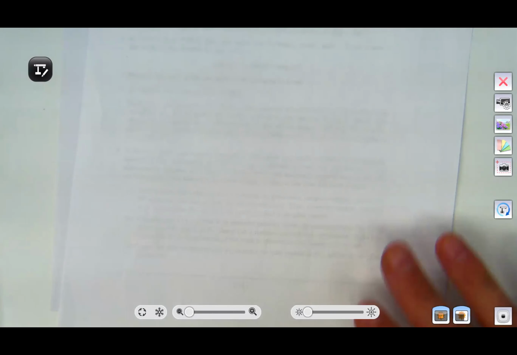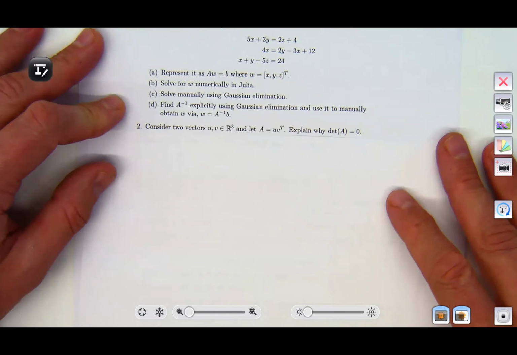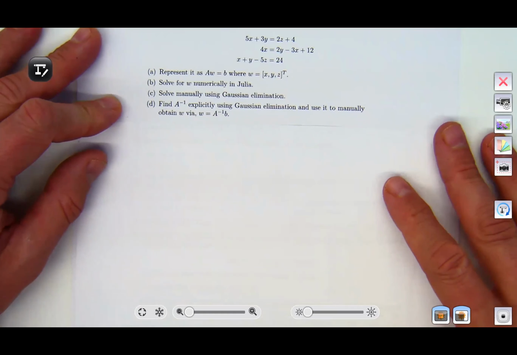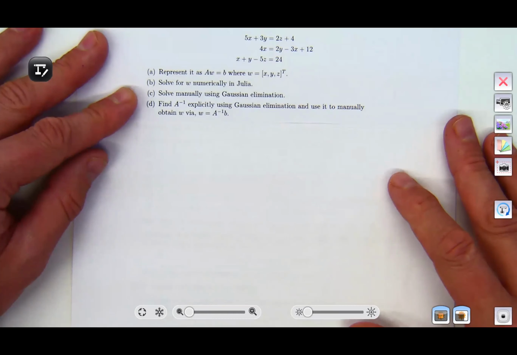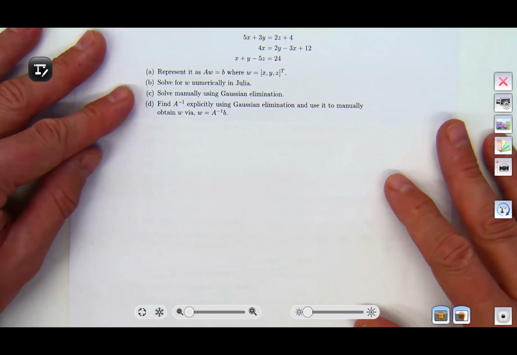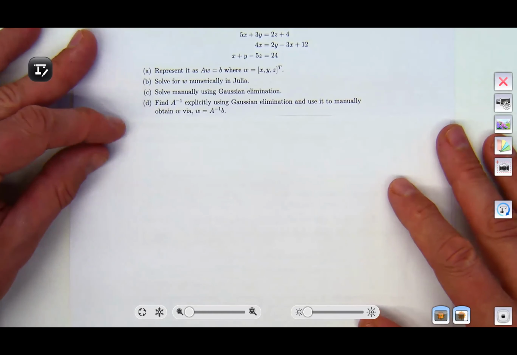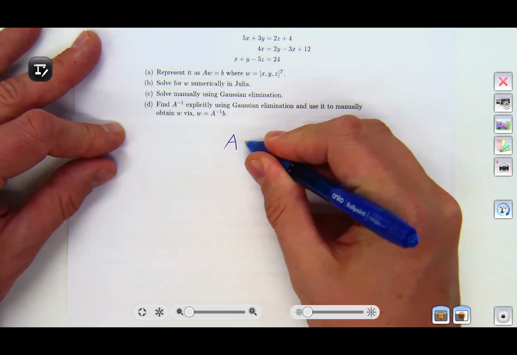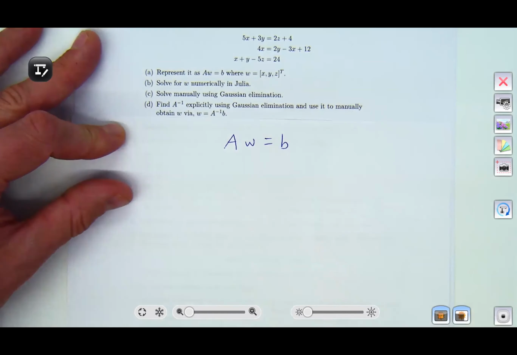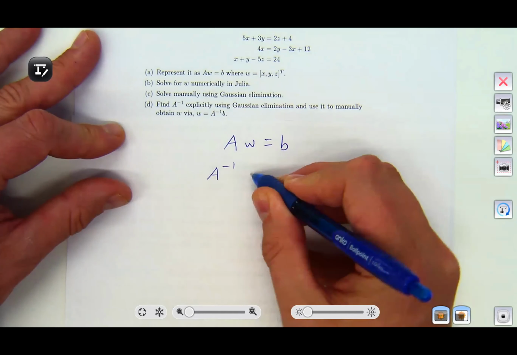All right, where were we? Let's have a look at the problem set. Next, find A inverse explicitly using Gaussian elimination and use it to manually obtain W via W equals A inverse times B. Okay, so the first thing to notice is you have AW equals B. You multiply on the left on both sides by A inverse.